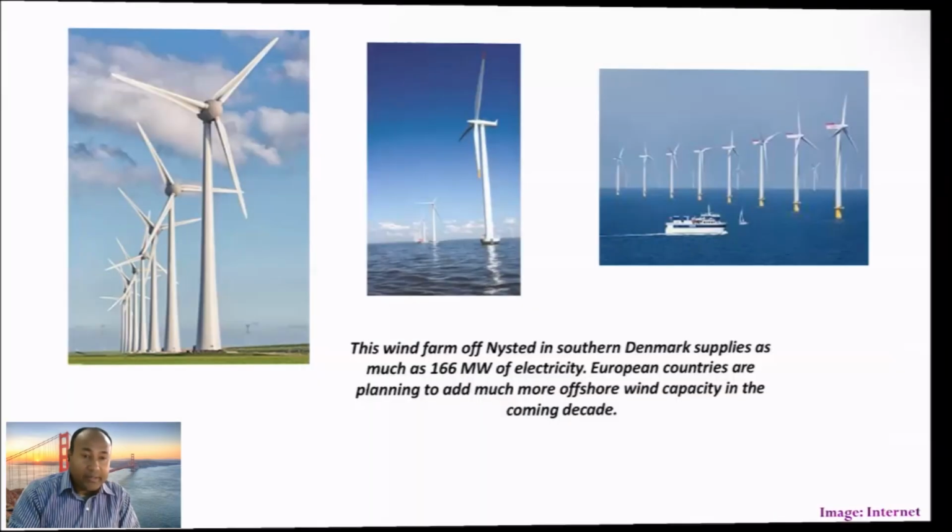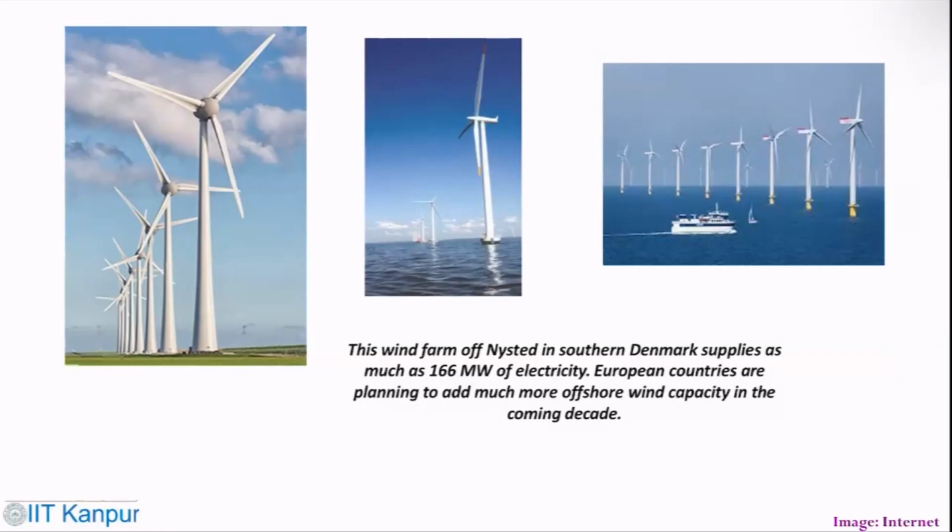Okay, so this is a picture we have already seen. This is a horizontal axis wind turbine. These are in the southern part of Denmark, which provides electricity of 1.66 megawatt.